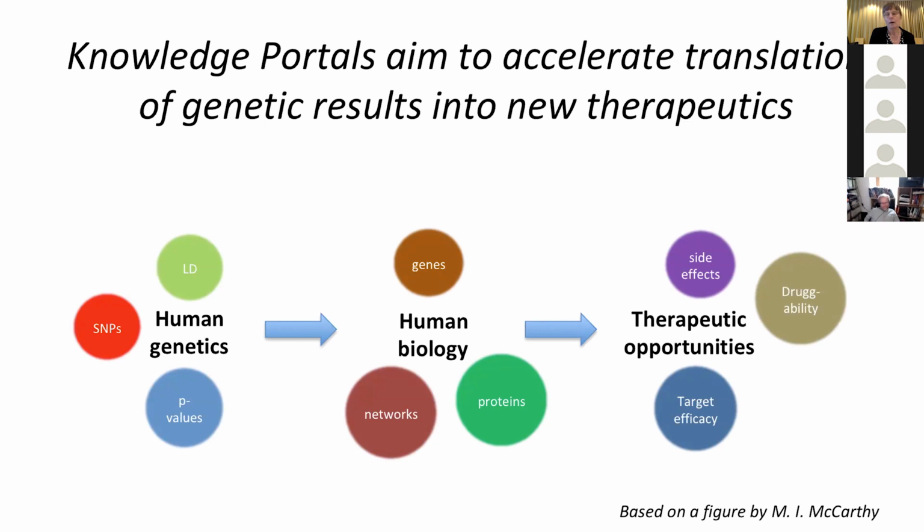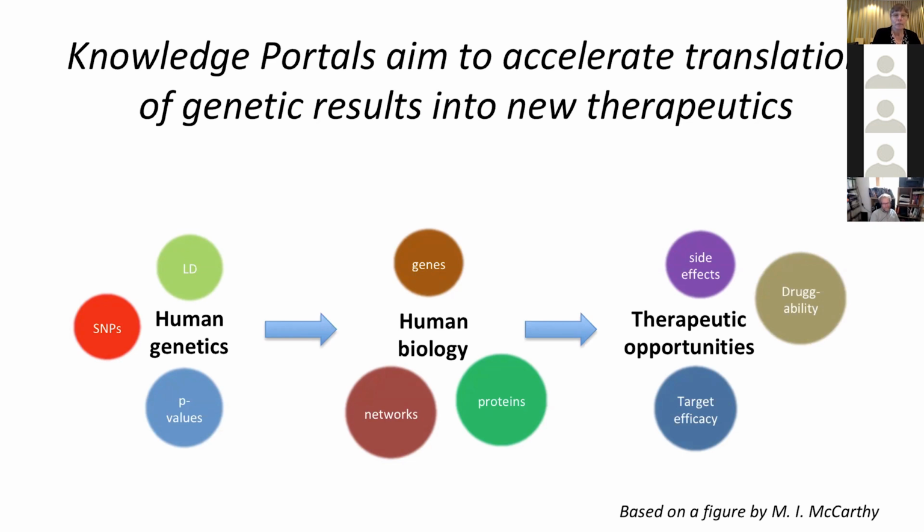Our overall goal, as Noel just mentioned, is to accelerate the translation of genetic information into knowledge about the specifics of human biology, about proteins, pathways, and networks, and then ultimately to translate that knowledge into new therapeutic or diagnostic opportunities to help patients. Of course, it's not only us, but the whole T2D research community has been working on this type of thing, and a lot of different approaches have been developed.